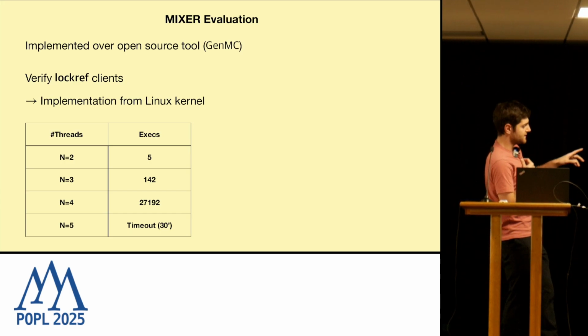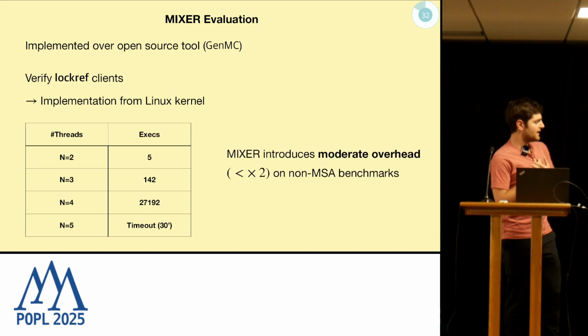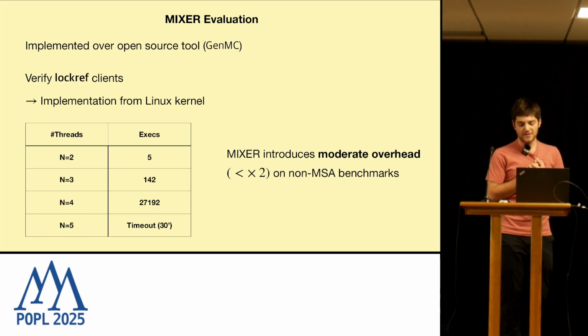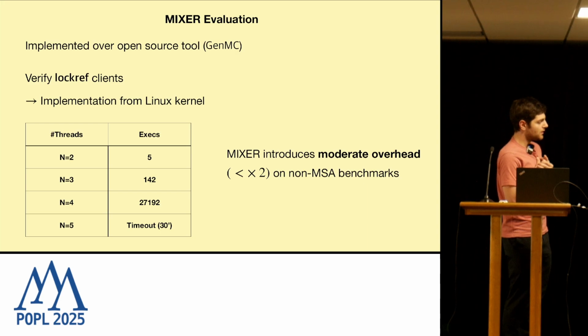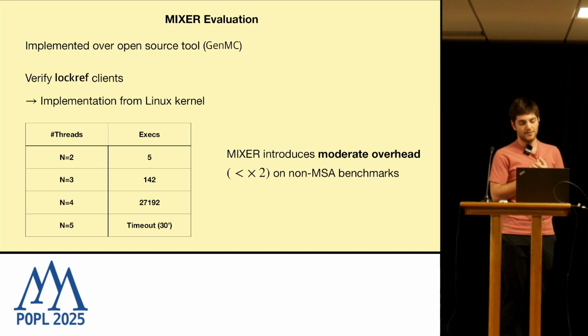And the reason for this is, as you can see, the executions grow very fast, from some to hundreds to tens of thousands. And finally, we also observed that when running Mixer on benchmarks that do not use mixed-size accesses, you're only introducing some moderate overhead over the state of the art, so a bit less than ×2.